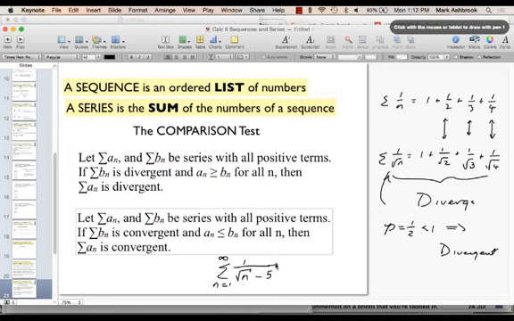Now what about this one compared to 1 over square root of n? What about the terms of this? Are they greater or less? These all have a smaller denominator than 1 over square root of n, so therefore all these terms are greater.